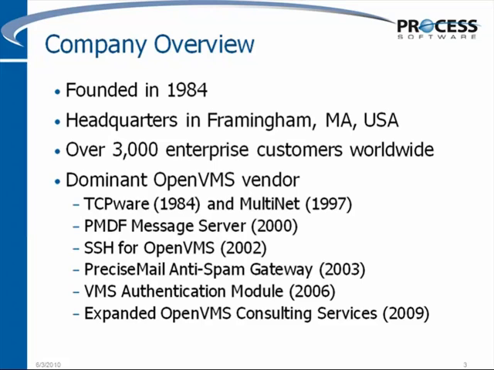Process Software was founded in 1984. We are headquartered in Framingham, Massachusetts. We have many enterprise customers, and we are a significant dominant OpenVMS vendor with TCPware, Multinet, and a number of other products, among them PMDF for email, SSH, which we'll make available for OpenVMS customers that do not have TCPware or Multinet but still want SSH, Precise Mail Anti-Spam Gateway, and VMS Authentication Module, which runs with any one of the IP stacks and provides additional authentication methods for VMS.